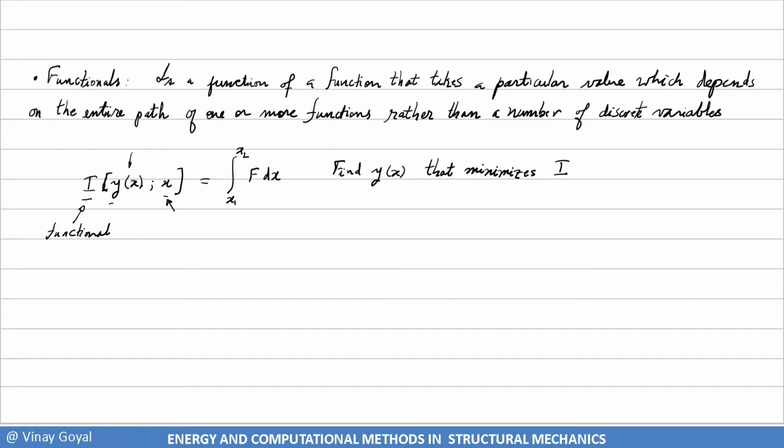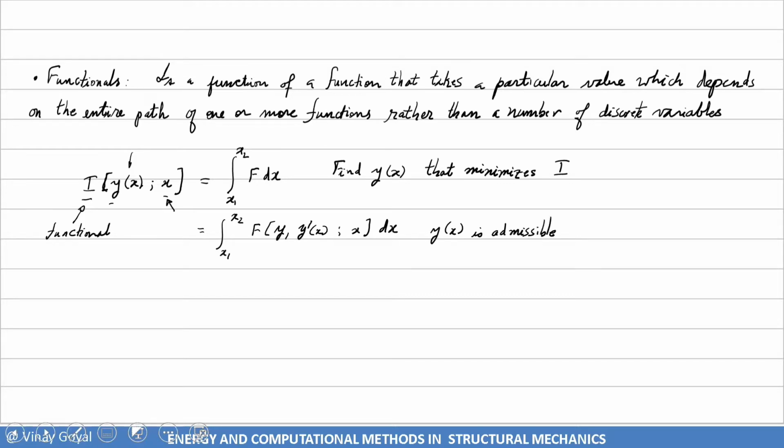So this functional f, this f here, could depend on y. It could depend on y prime, for example. And again, function of x, and then dx, right? So it can depend on y and y prime, for example. And so here, I'm going to say that y of x is admissible.